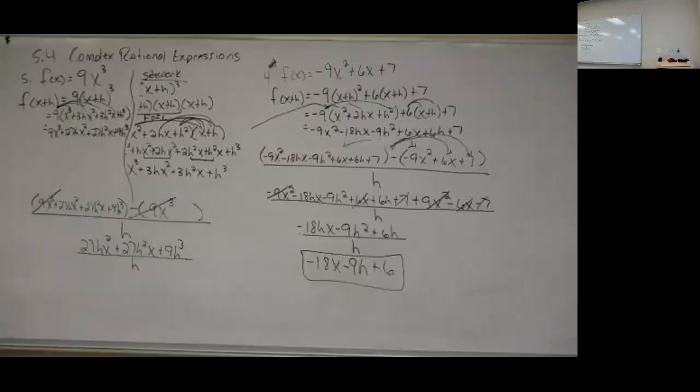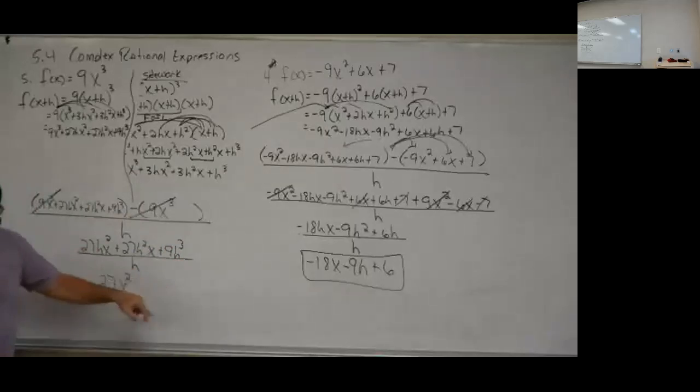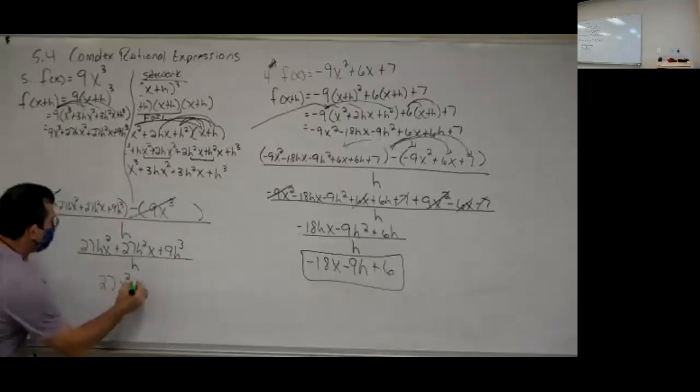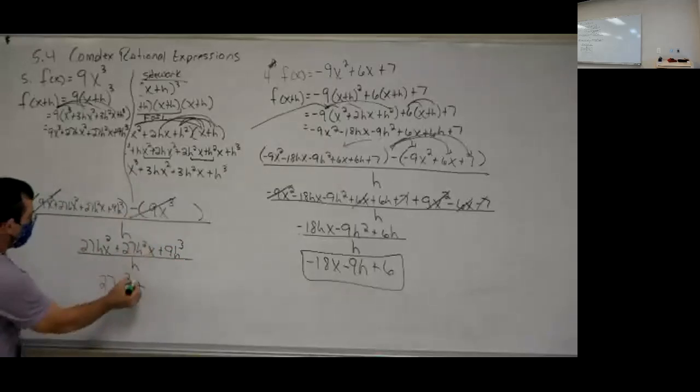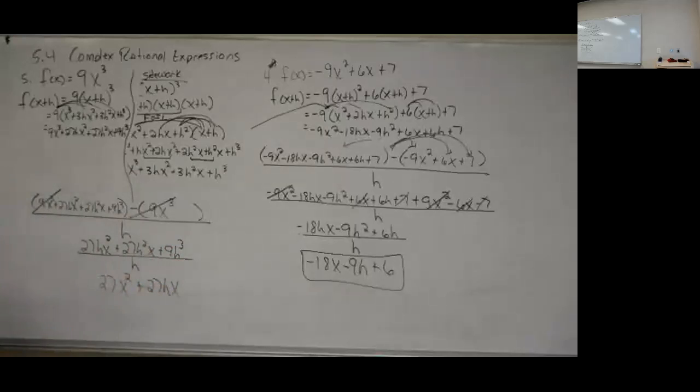So take away one h from everybody on top so that we get a 27x squared. So it only had one h, it canceled. The middle part has two h's. One of those will cancel, so you get a 27hx. And then at the end, you've got a 9h to the third.